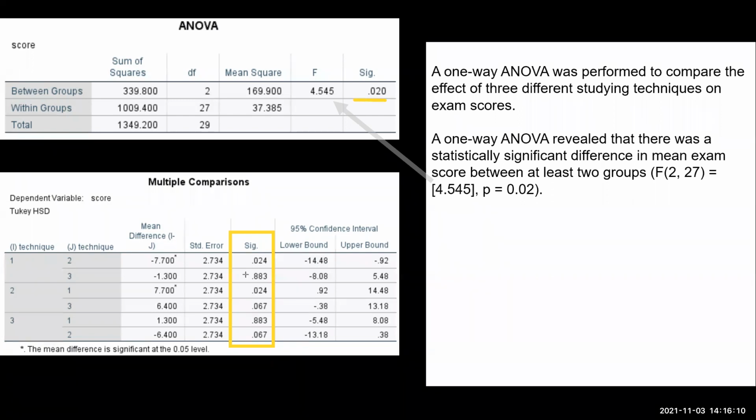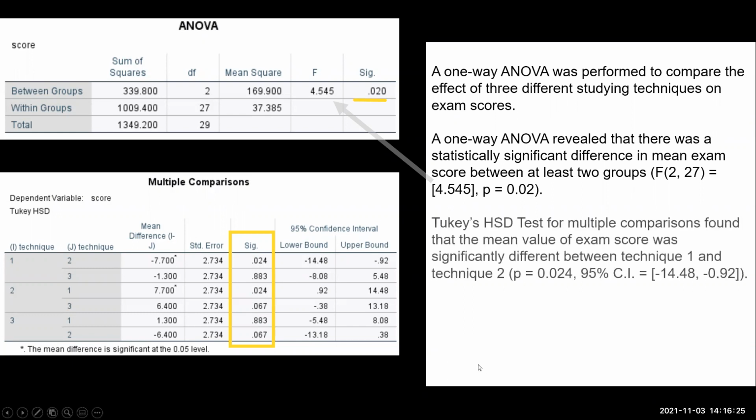And that has been labeled as statistically significant by the Tukey HSD post hoc comparison. And you can report this as a positive finding in your study like this. The Tukey HSD test for multiple comparisons found that the mean value of the exam score was significantly different between technique 1 and technique 2, and you present the p-value and the confidence interval for the mean difference.